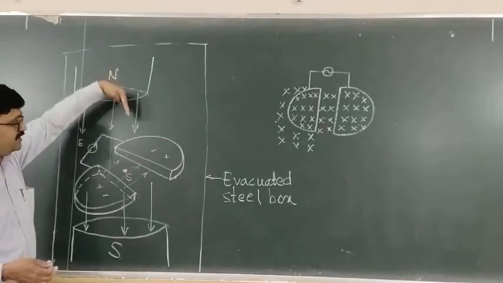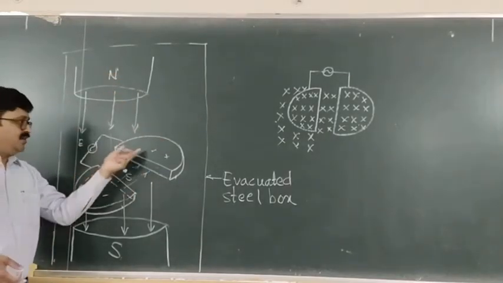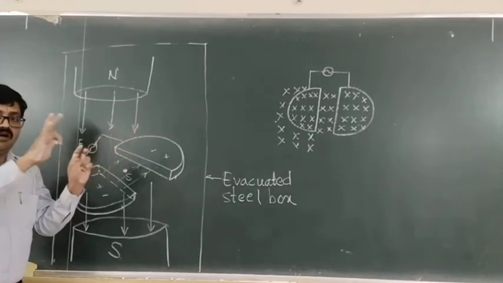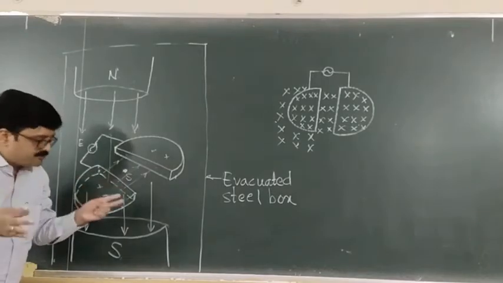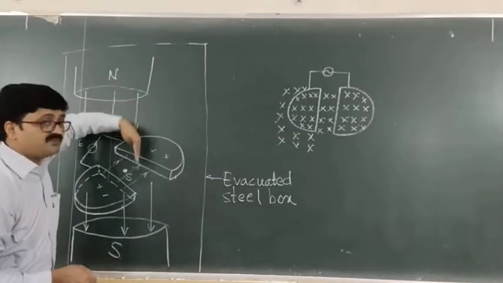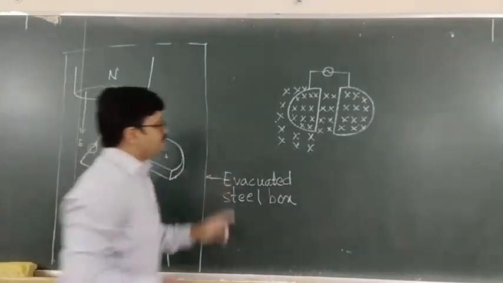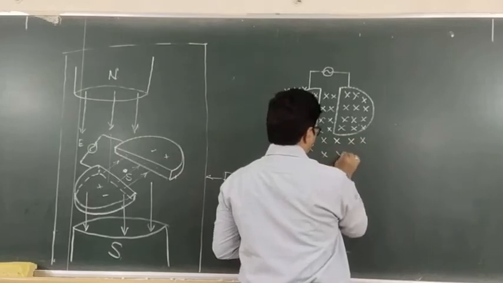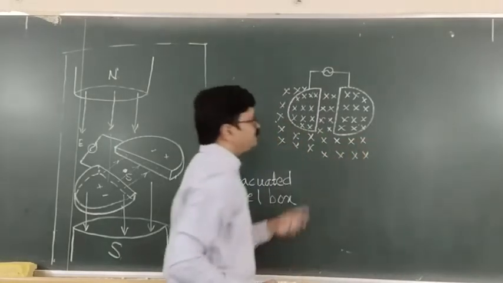From the top you will be able to observe this D as this shape, and the magnetic field is perpendicularly moving inward. That is why I am showing it as a cross. I hope it is clear.